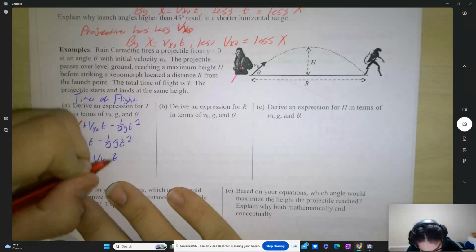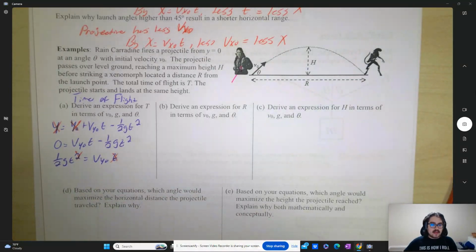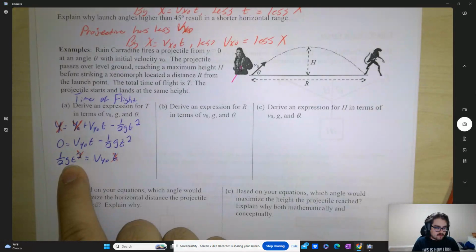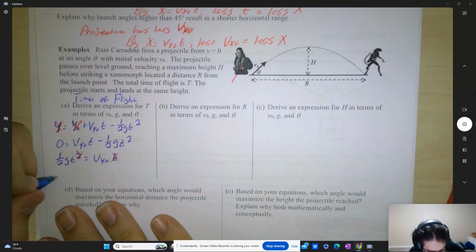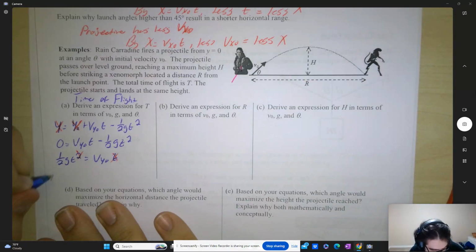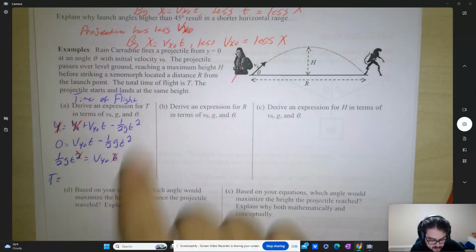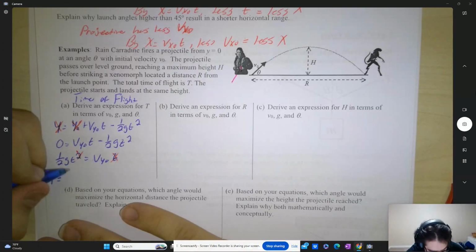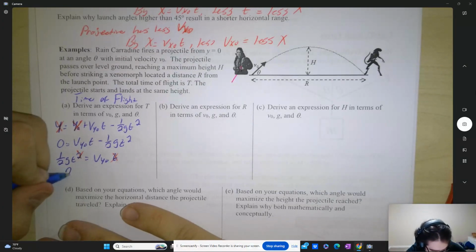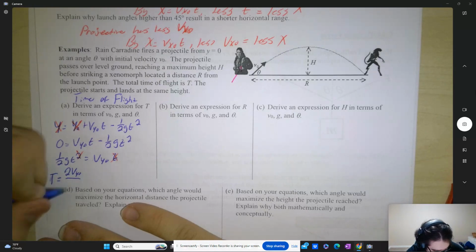We can cancel out, and then we just need to get t by itself. So you would multiply by 2, divide by g, and you would see that capital T, because it wants us to do capital T, is equal to 2 Vy naught over g.